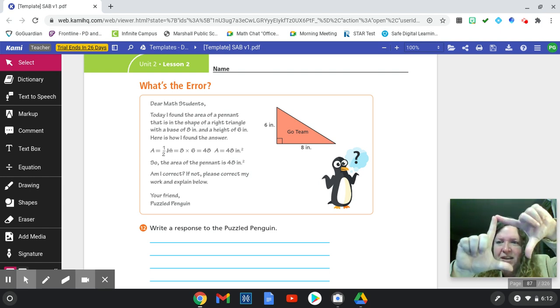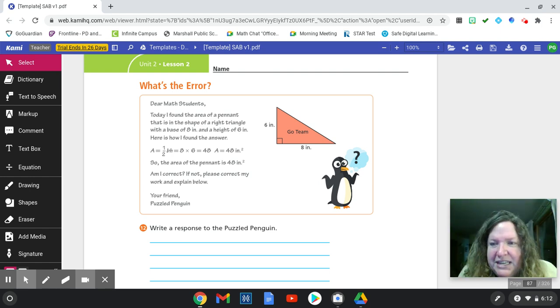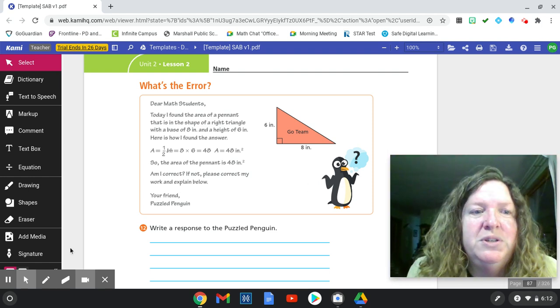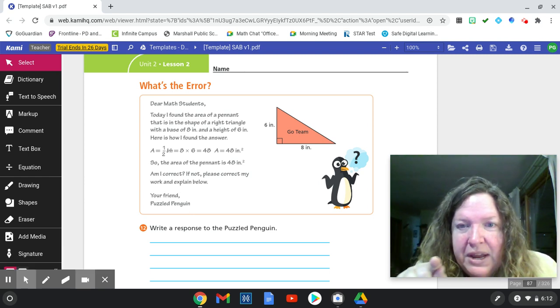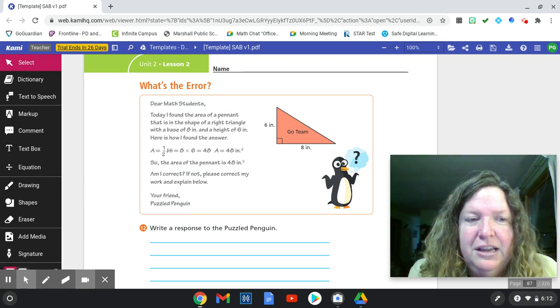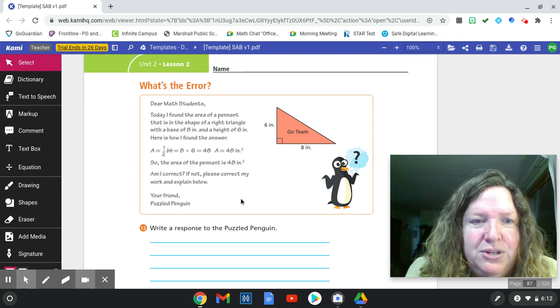Why is he partly right? Because remember, he started by taking that triangle and making it into a rectangle. And he is absolutely right that that's what he should do to start. So go ahead and draw the rectangle that he's thinking about on your paper, and I'm going to do that too.